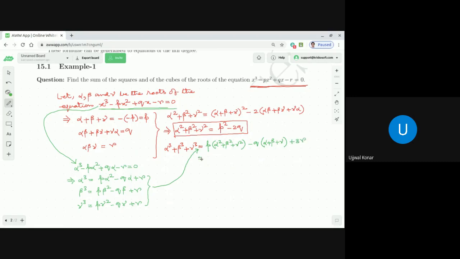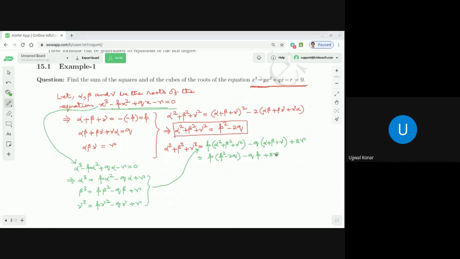So what we are getting? Alpha square plus beta square plus gamma square, you already found it out. That is P square minus 2Q. Minus Q into alpha plus beta plus gamma, we already found this as P. Correct? Plus 3R.